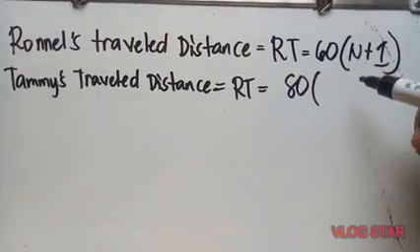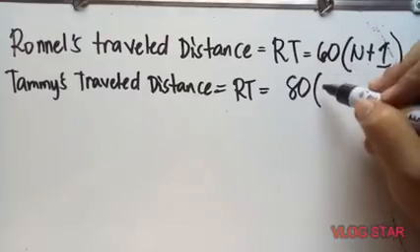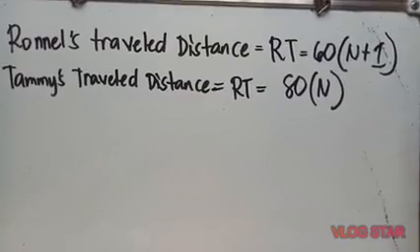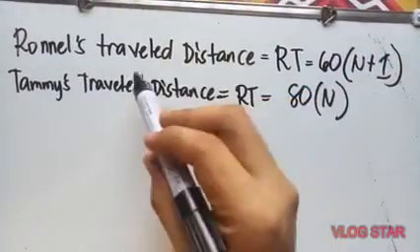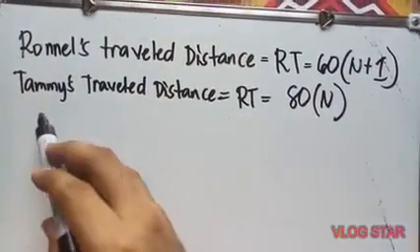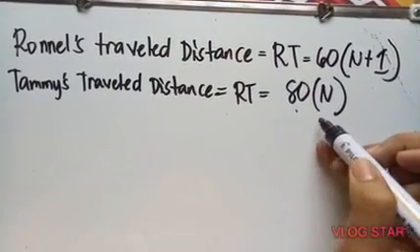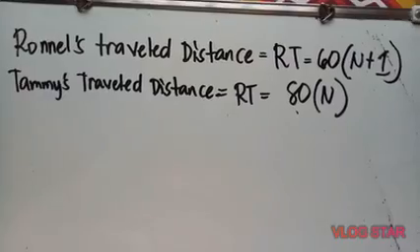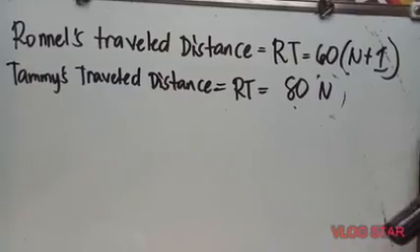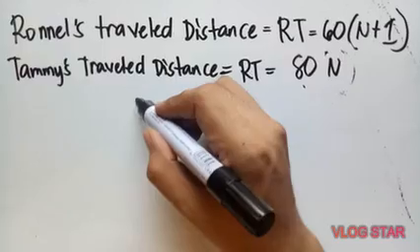Then the time is n. So that is Ronel's traveled distance, 60 quantity n plus 1, and Tammy's travel distance is 80n.